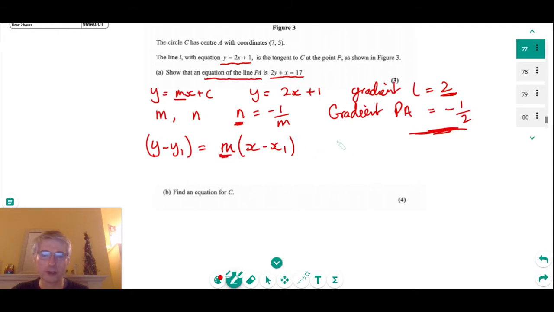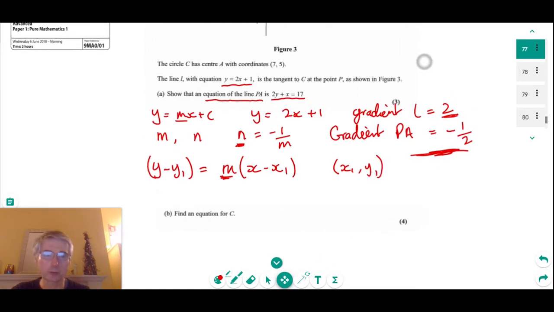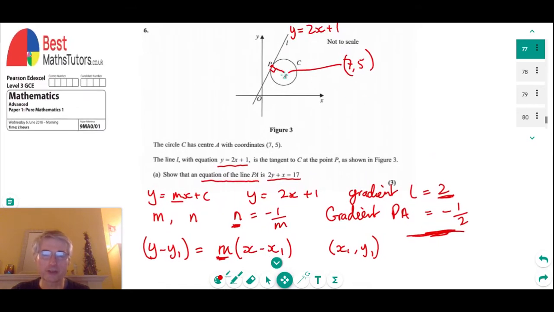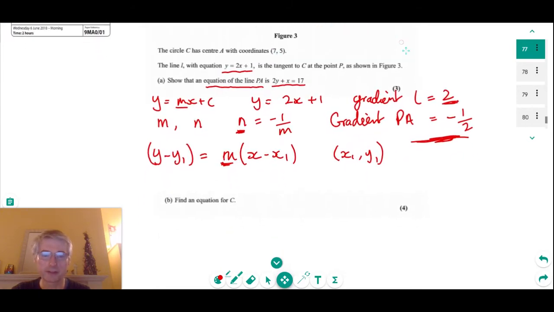In our case, x1, y1 is actually the centre of this circle, so the coordinates of x1, y1 are 7, 5.